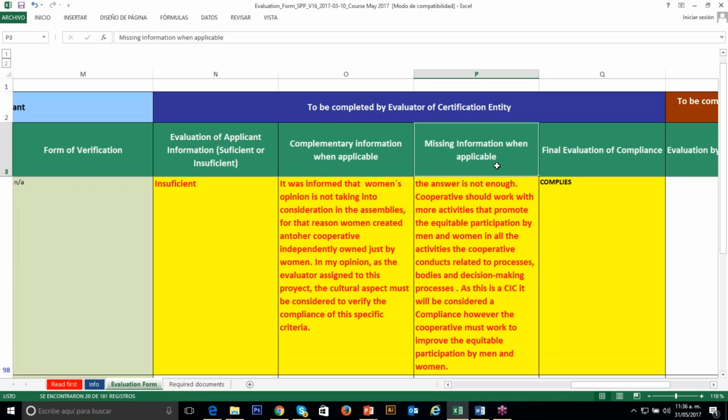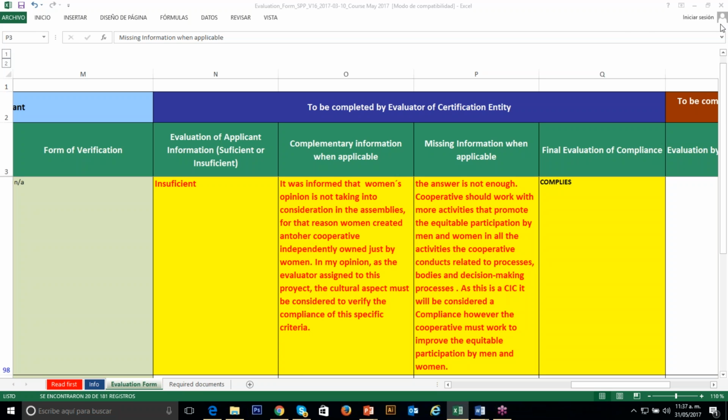I think so. And then one more question. Yes, tell me. This is about self-assessment. Should the self-assessment be accompanied by the evaluator or just conducted by the small producer?